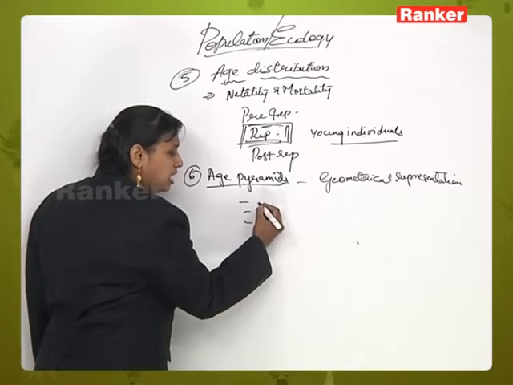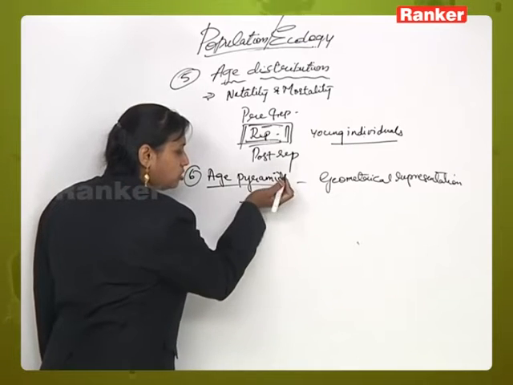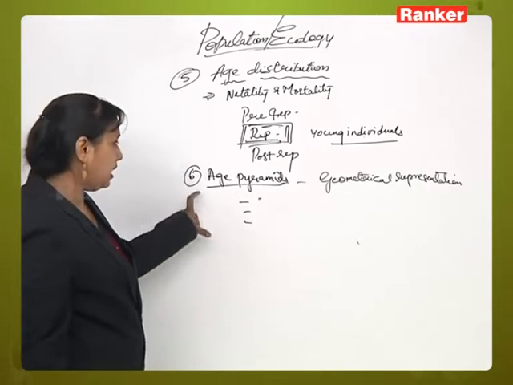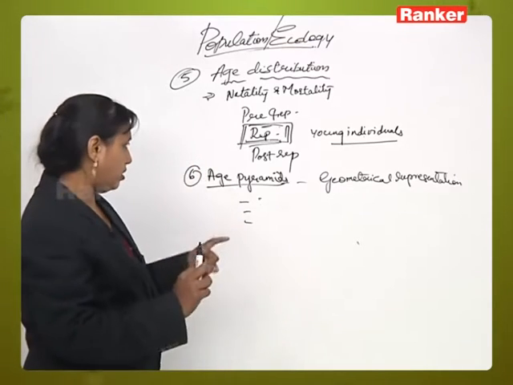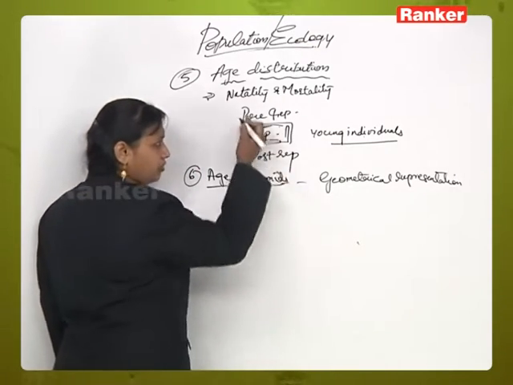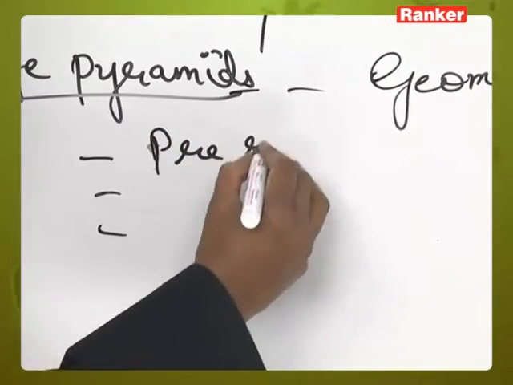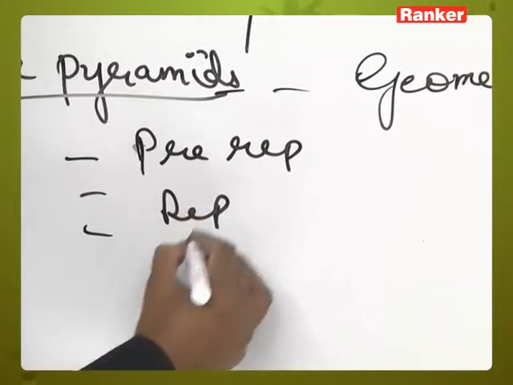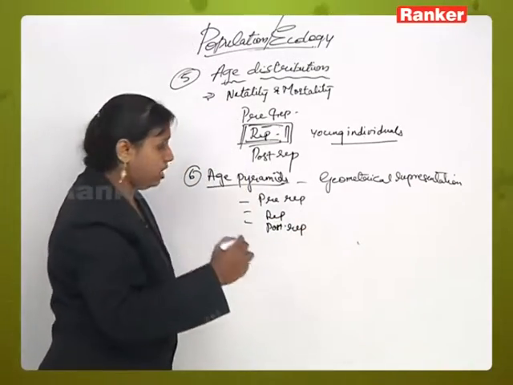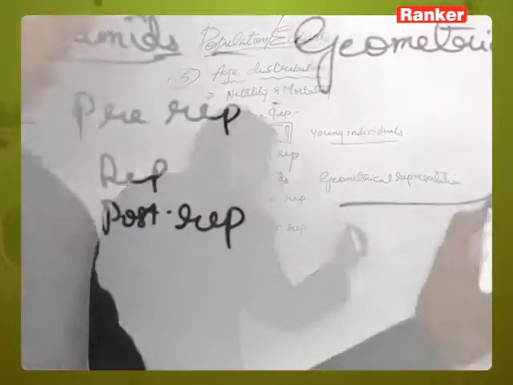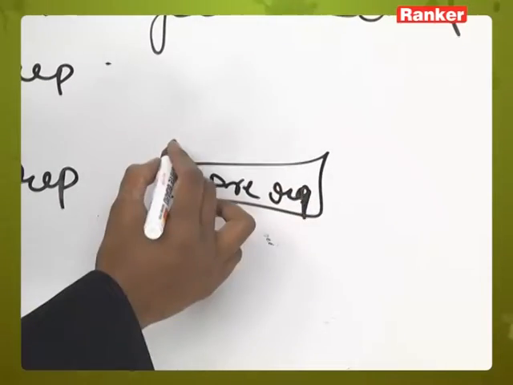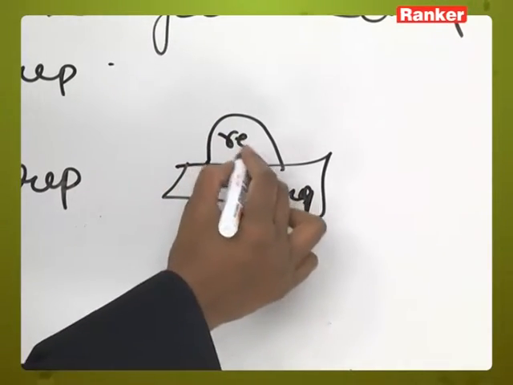In age pyramids also, when we are taking a geometrical representation of an age pyramid, we will take into consideration 3 criteria as we have been discussing from earlier, that is pre-reproductive phase, reproductive phase and post-reproductive phase. Okay. Now, when we are drawing a pyramid, the pre-reproductive phase will be considered at the base. Next, you will have the reproductive phase.